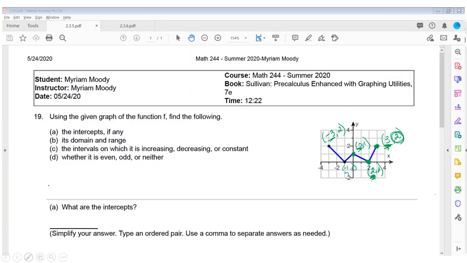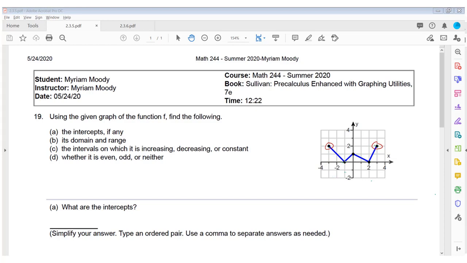Let me do some erasing here so it's a little bit cleaner to look at. Do I have any y-axis symmetry? Be careful. You're saying, yeah, I do, because this point and this point mirror each other. And that's true. Those two mirror each other.